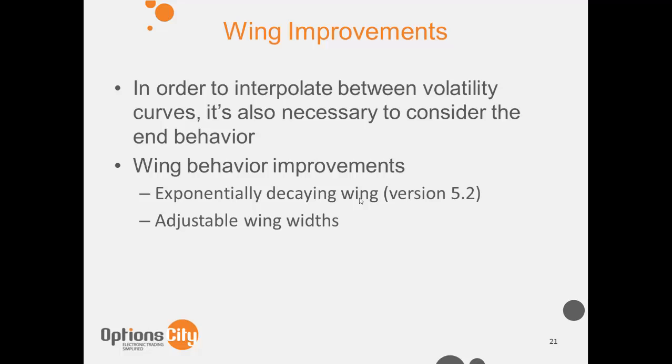And so we've put some thought into our wing behavior as well, and we've added new functionality for 5.2, a new wing type, so you can now choose amongst two different types, and we may add more in the future, that we're calling an exponentially decaying wing. And it depends on the market whether you'll find that to be of use, but I recommend when you get your hands on 5.2 to take a look at that.